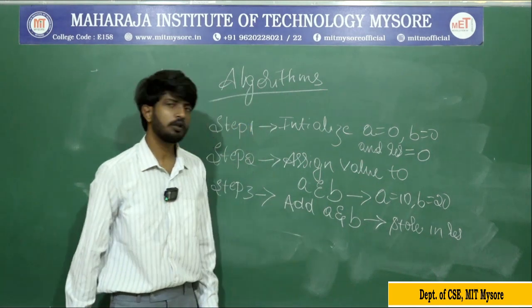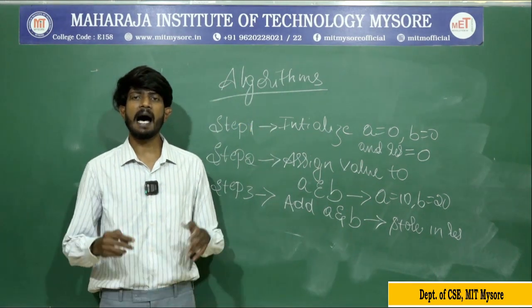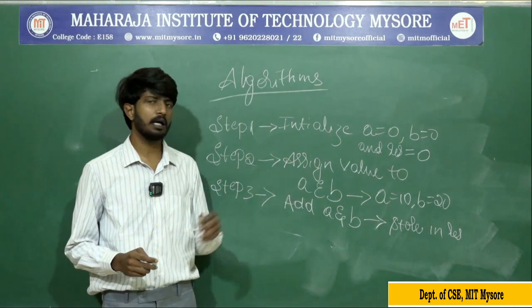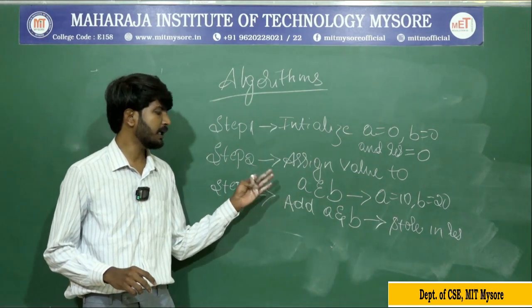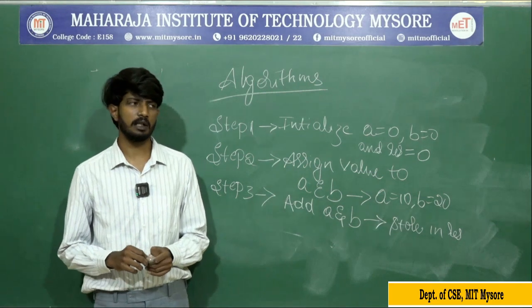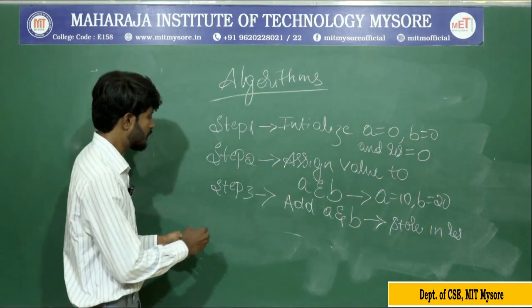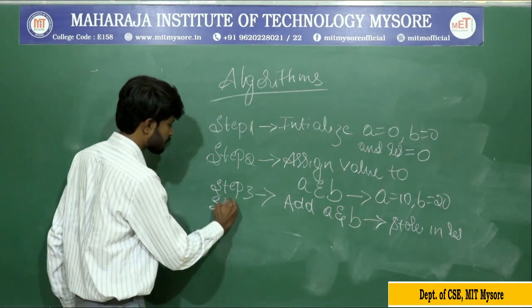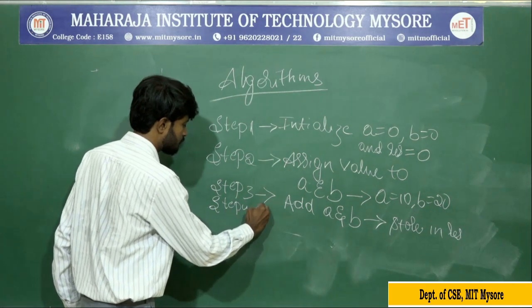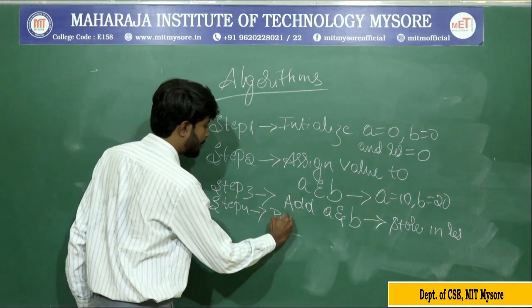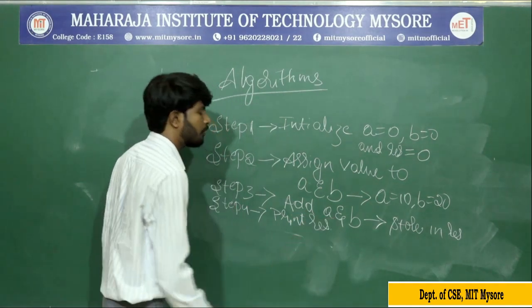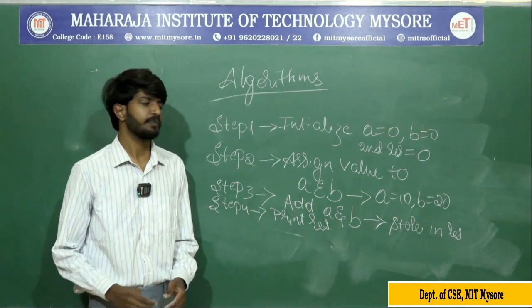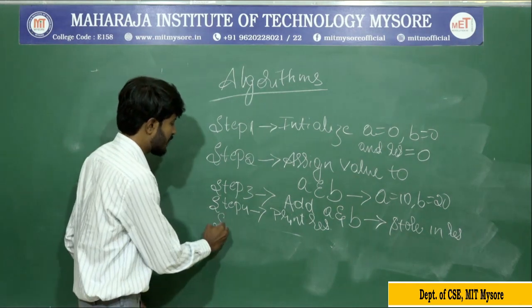So we are going to store that result in RES, that is the result. Now we are adding A and B and storing it in the result. Then in step 4 we are going to print that RES. So the output will be printed. The final step is end.